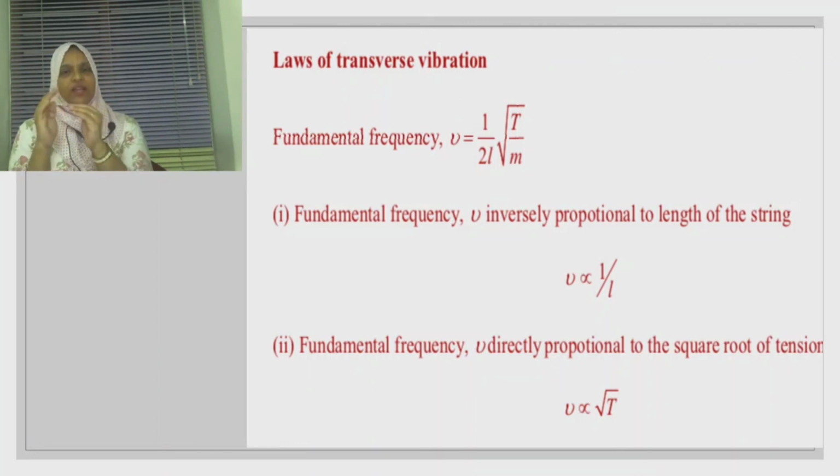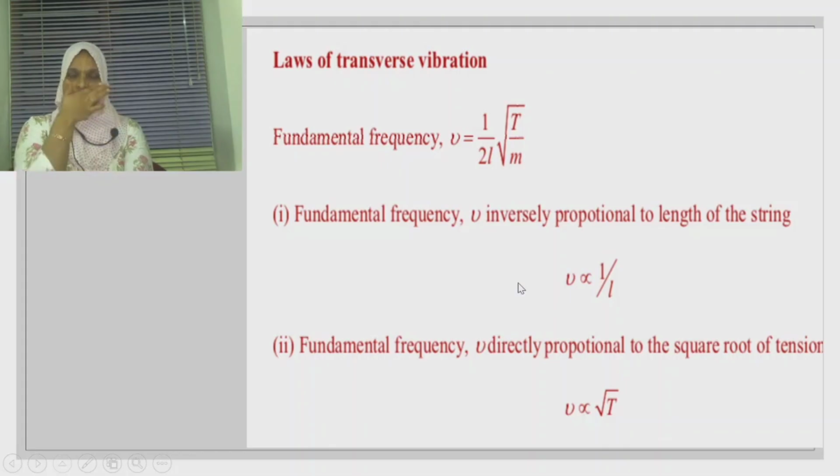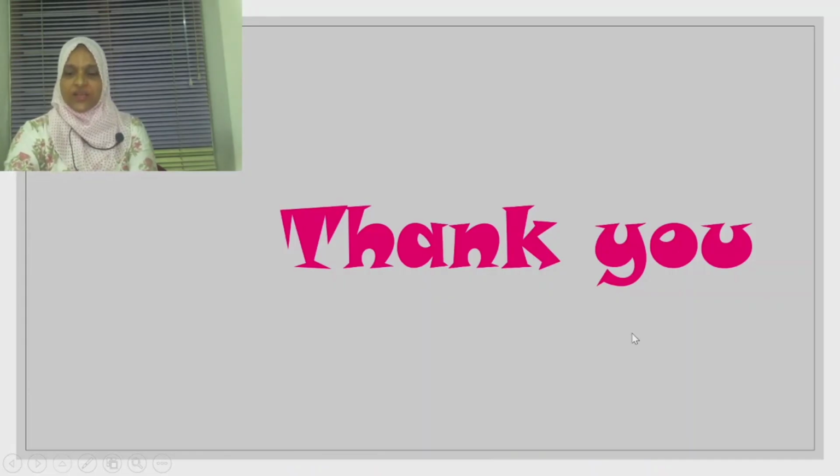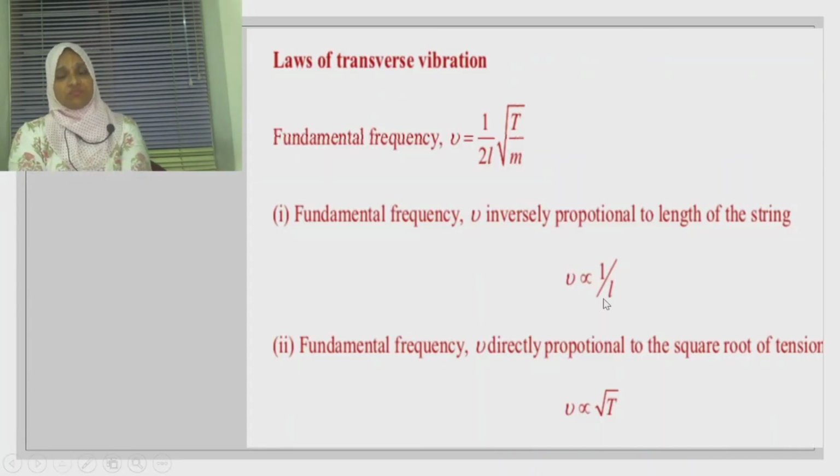If you are keeping tension and linear density constant, then nu will be inversely proportional to length. That is the first law of transverse vibration. Now we have the second law. The second law can be considered if you keep L and m constant.